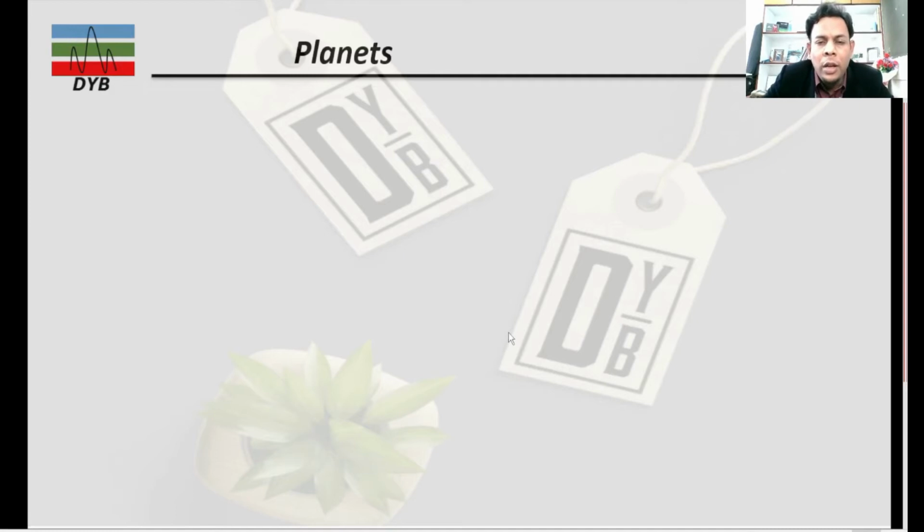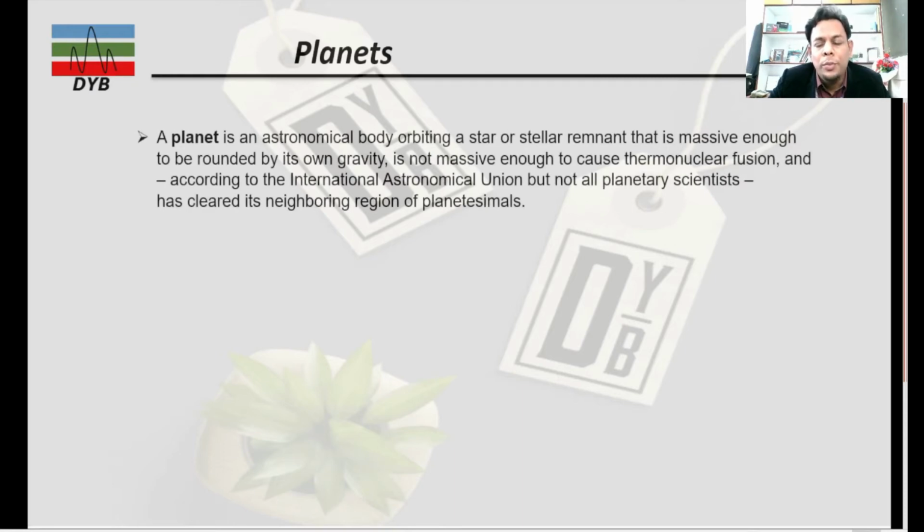Now we're going to discuss the planets, how many planets we have in our solar system. Before starting with the number of planets, we need to understand what a planet actually is. A planet is an astronomical body orbiting a star or a stellar remnant that is massive enough to be rounded by its own gravity, and is not massive enough to cause thermonuclear fusion.